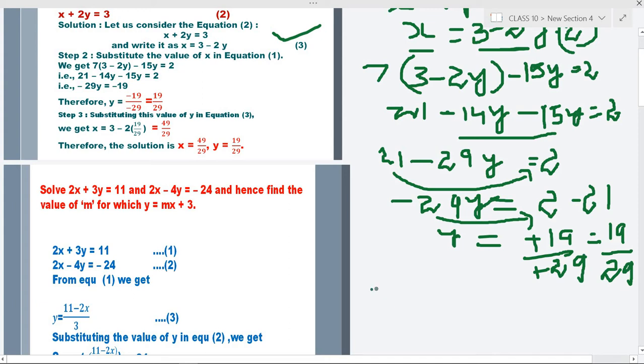Here X is equal to, write down 3 in a rational number form, 3 upon 1 minus 19 2s are, you'll get 38 upon 29, cross multiply.